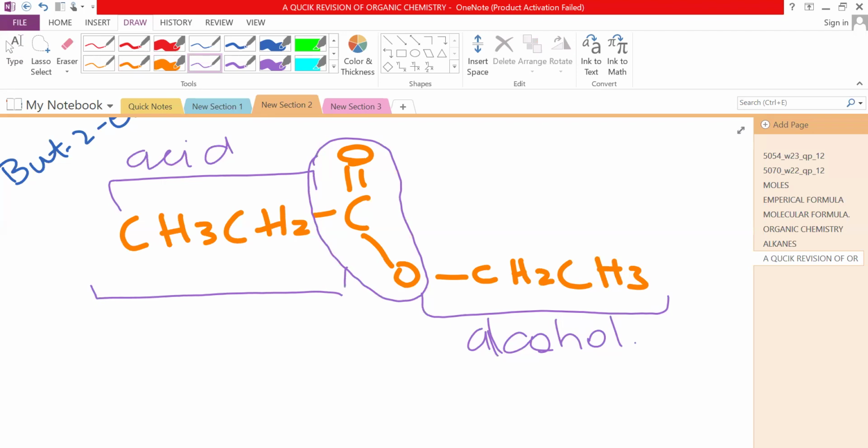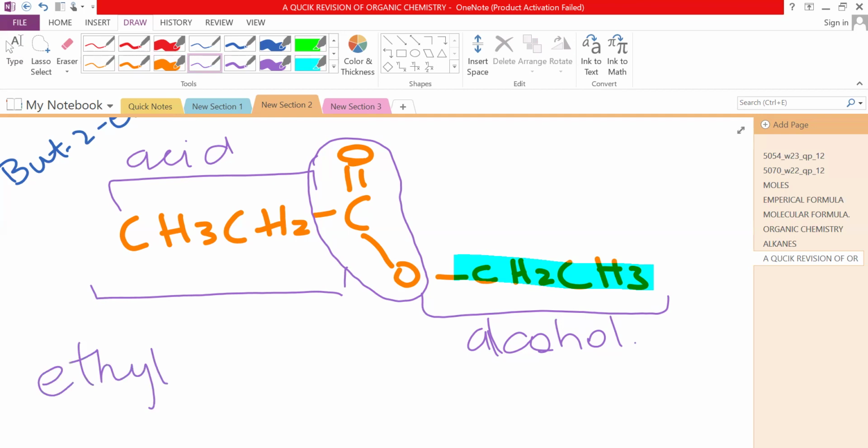When we name an ester, the name starts with the alcohol. Let's look at the alcohol part: there are two carbons. The two-carbon alcohol is ethyl.